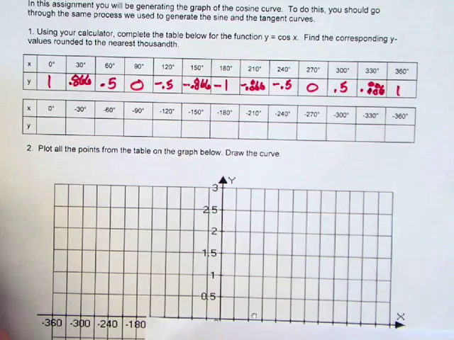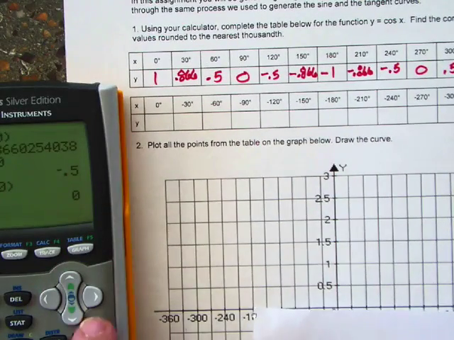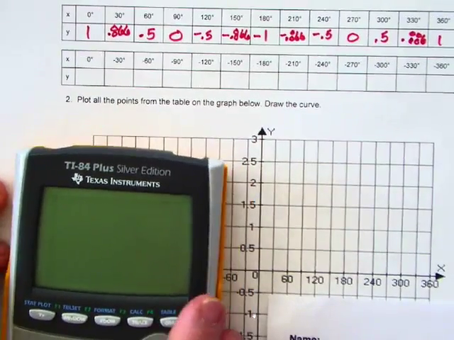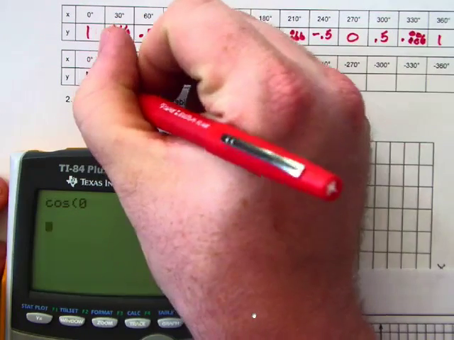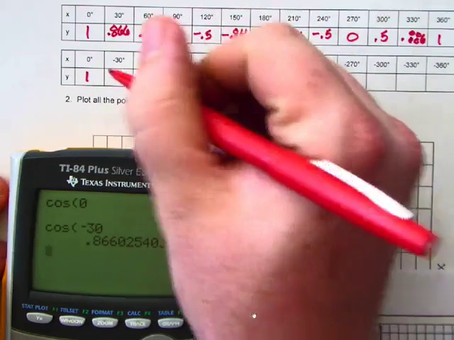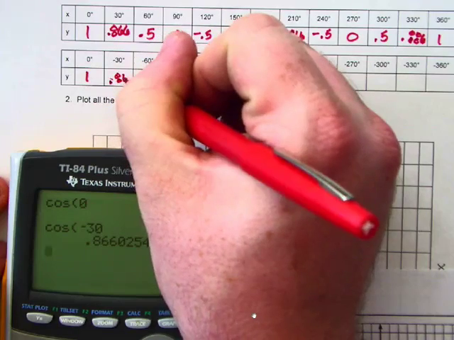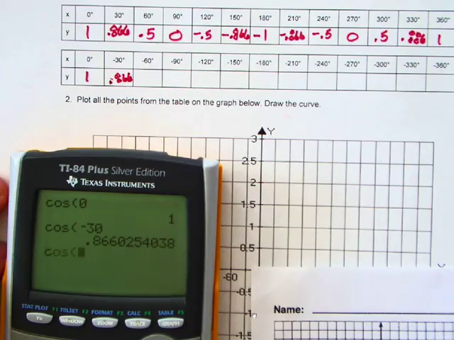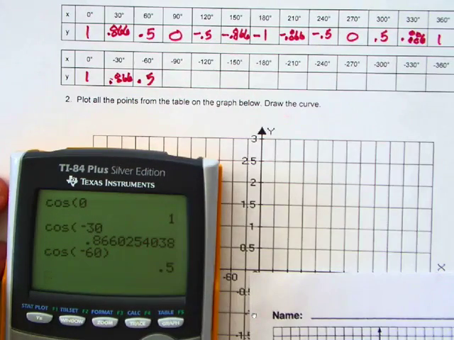Now we look for the negative degrees, and we try to fill that in. Okay, we're going negative now. So what is cosine of 0 again? That's 1. Cosine of negative 30 is 0.866. Cosine of negative 60 is 0.5. You start seeing a pattern going on here.